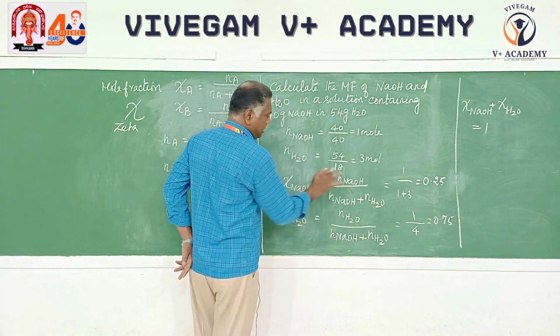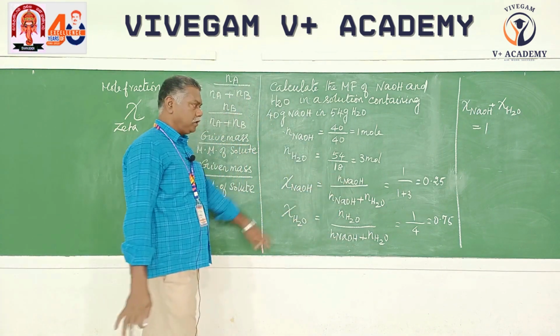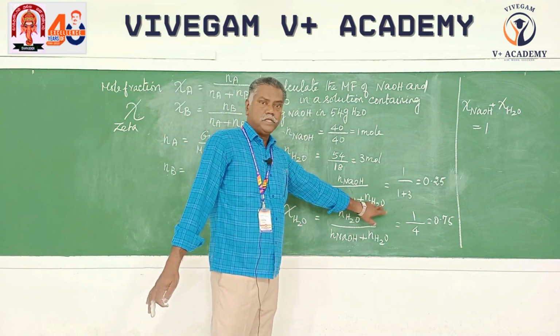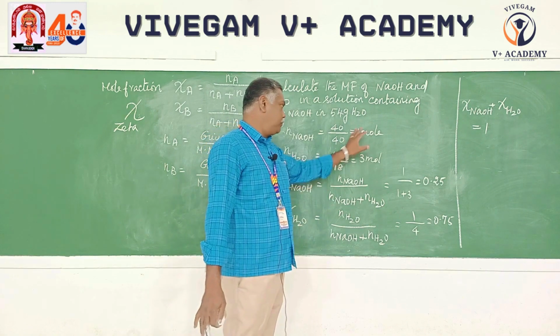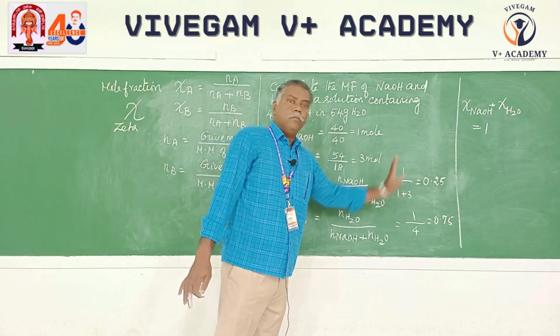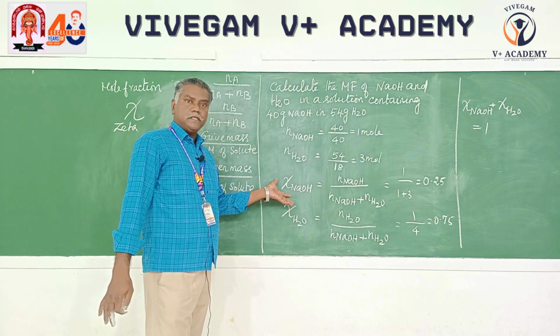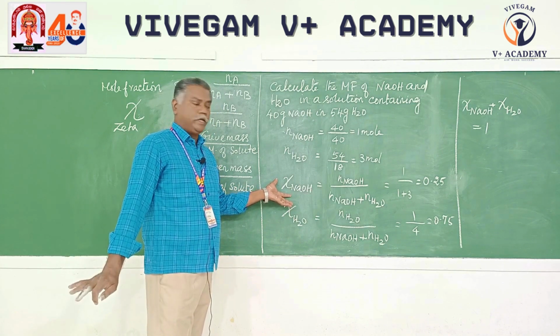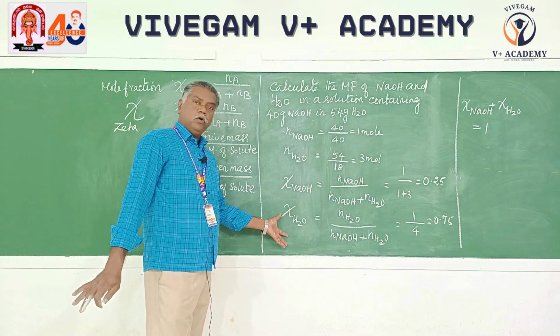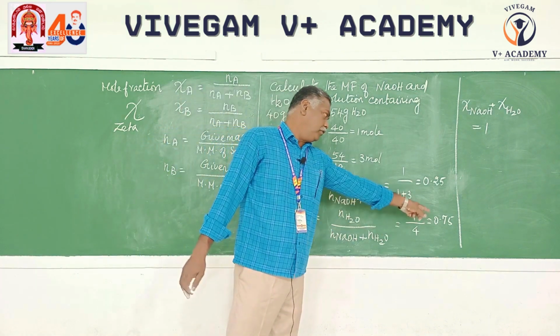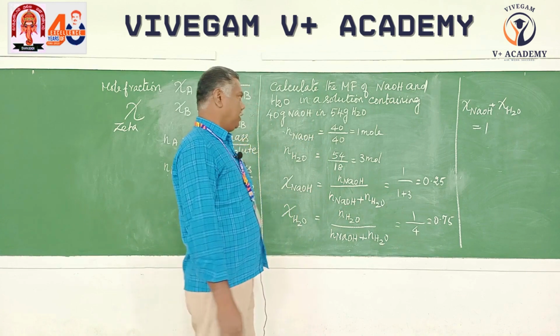Already we know the formula, that is number of moles of sodium hydroxide divided by number of moles of sodium hydroxide plus number of moles of water. If you substitute these values, we get 0.25. And one more thing, mole fraction has no unit. In the same manner, mole fraction of water can be calculated by using the formula, and we get 0.75.